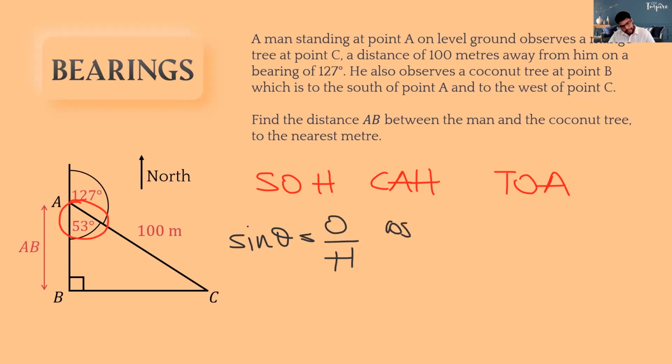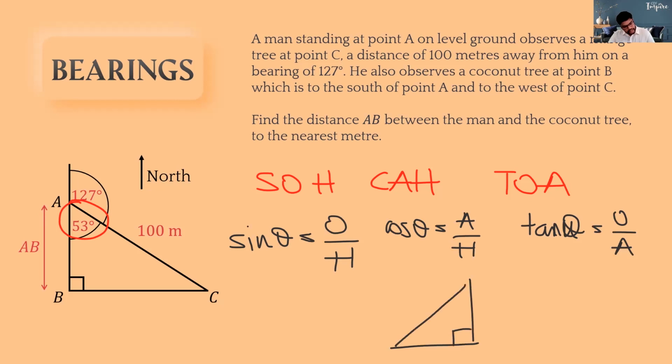Cos theta is adjacent over hypotenuse, and tan theta is opposite over adjacent, right? So in a right angle triangle, this is opposite, this is adjacent, and this is hypotenuse if this is the angle in focus. So always sine is opposite over hypotenuse, cos is adjacent over hypotenuse, and tan is opposite over adjacent.